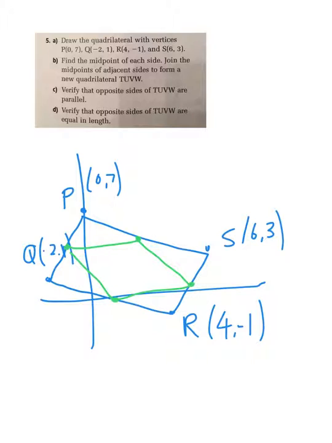So now we've got to find the slopes of the opposite sides of this. So you find the slope of that line, find the slope of that line, and then obviously the other two slopes. And what we're trying to prove here is that this is a parallelogram inside. Verify the length. So for each of these lengths inside, we've got to find length and slope to find that it's a parallelogram.